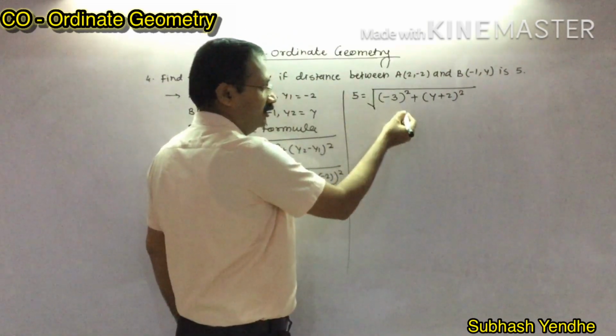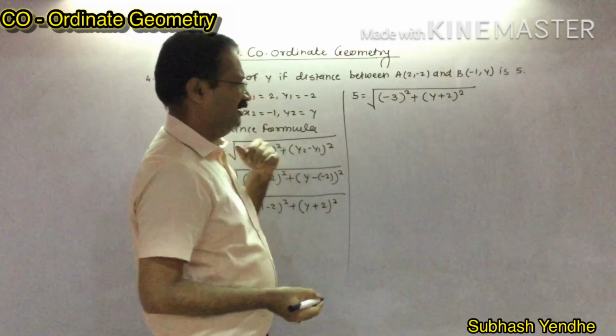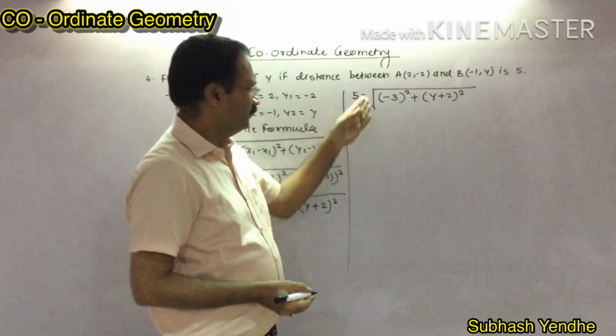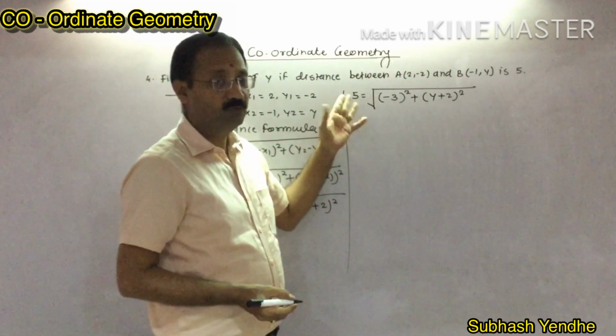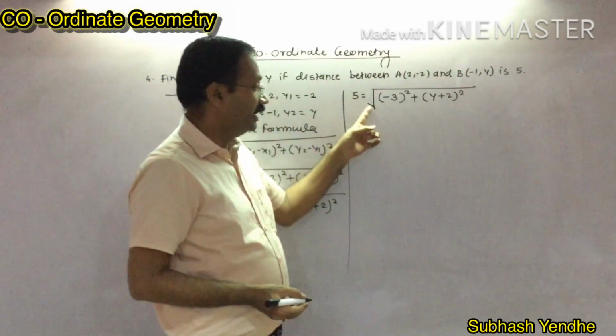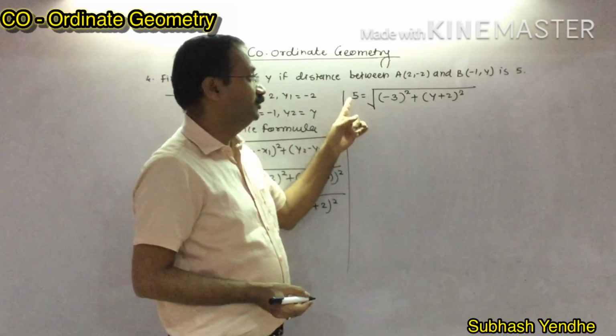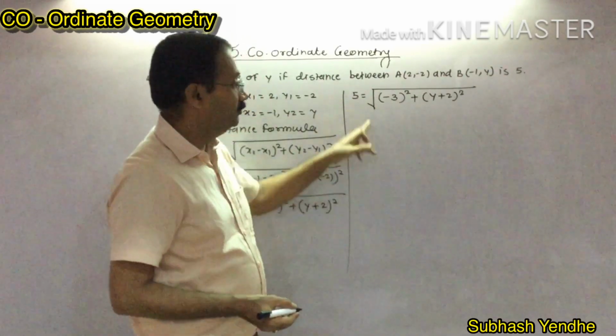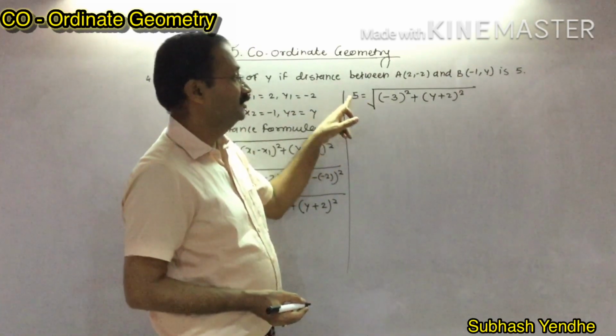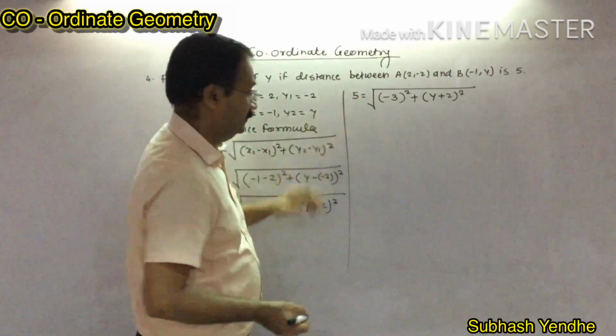Here I am going to solve the next part, but I have one difficulty. It is in root, but the other side is not in a root. What to do? Either you have to cancel this root, or it should be in root. If you want to cancel the root, you have to make the square of this one.